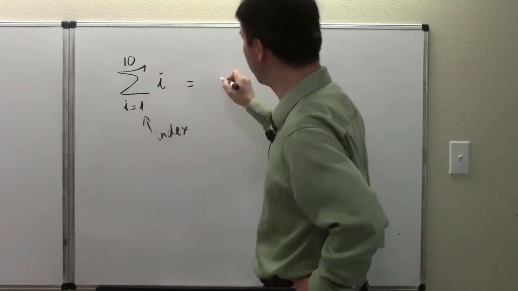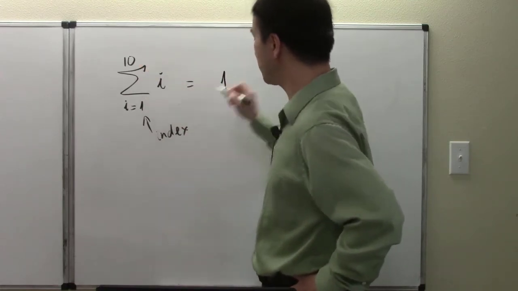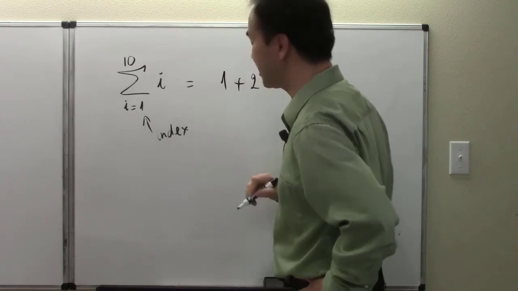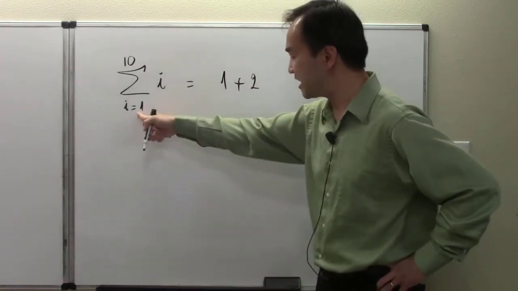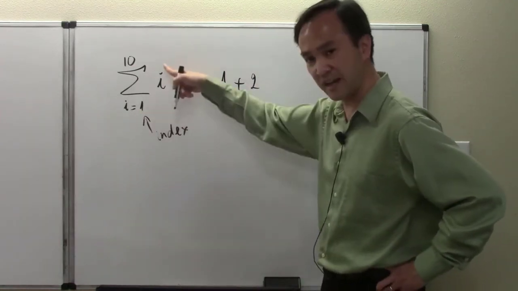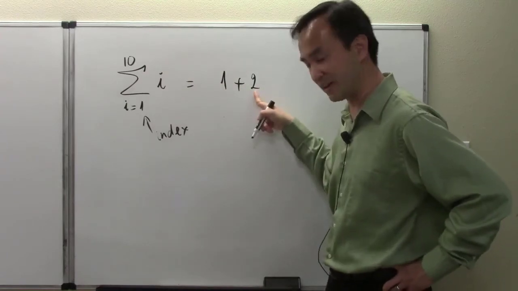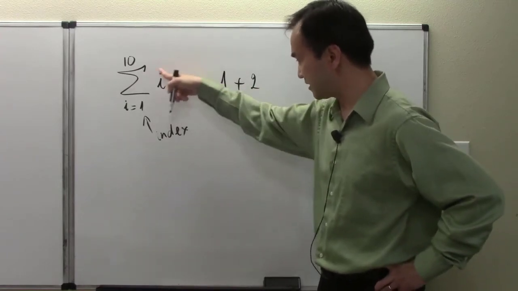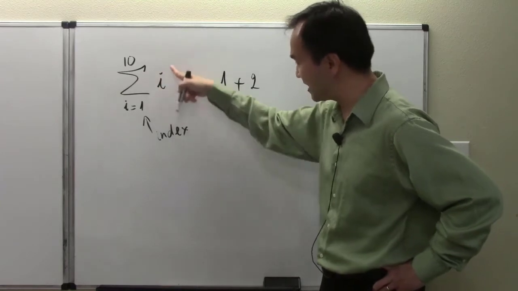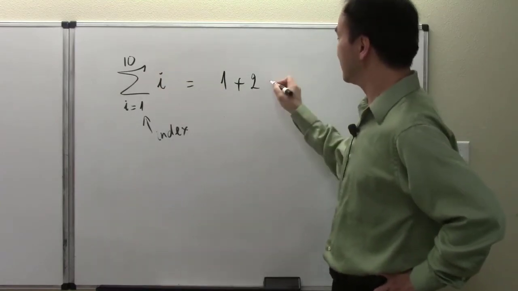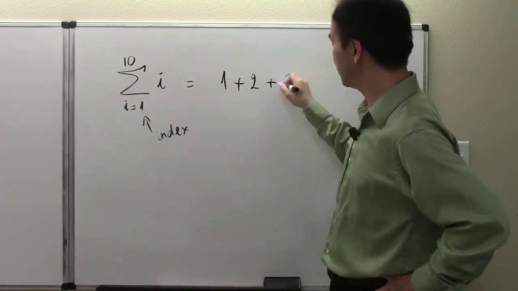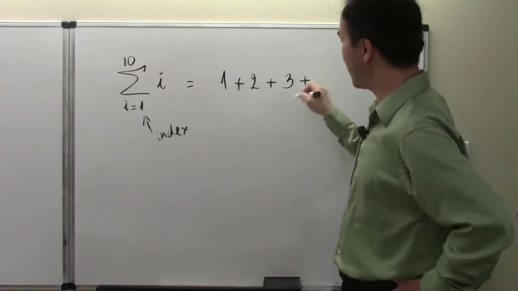So the first term for this sum is 1, and then it's a summation. Next we add 2 to that, because at any index value, our term at that position is determined by this formula, and our simple formula here is just i. So term 2 is 2, term 3 is 3, and so on.